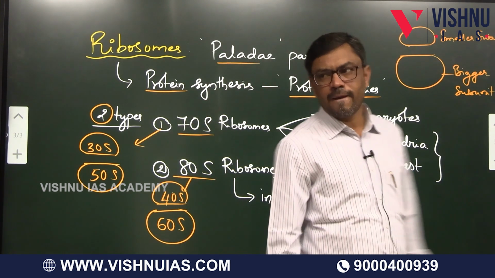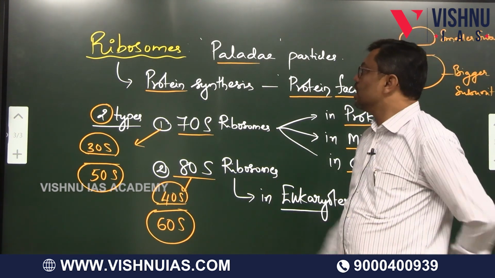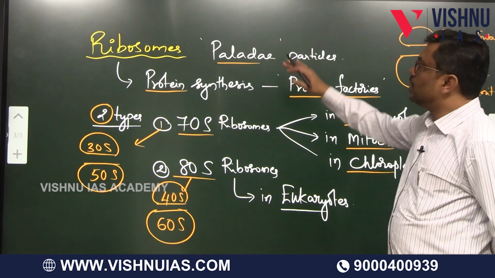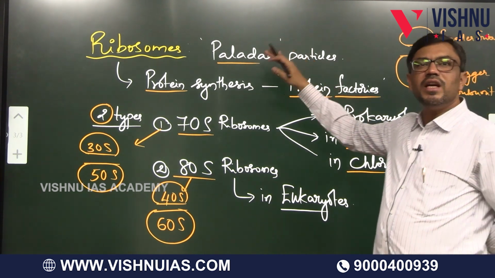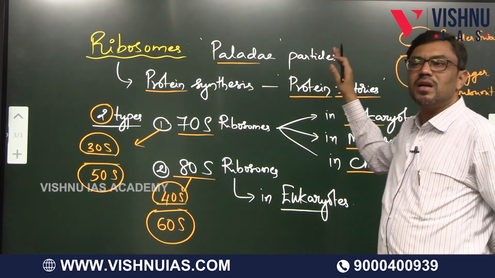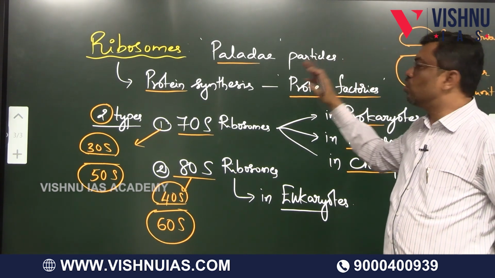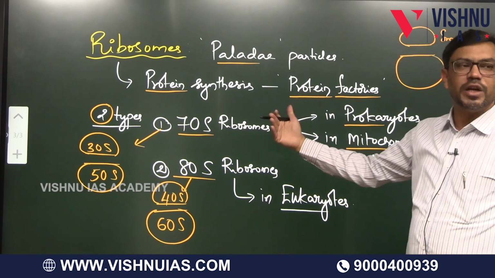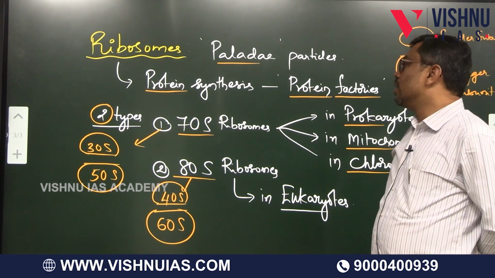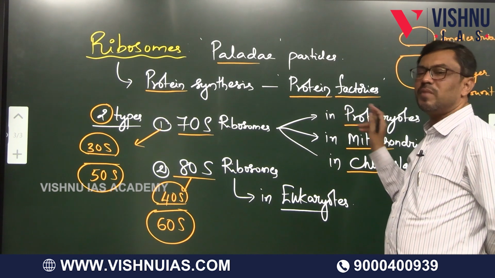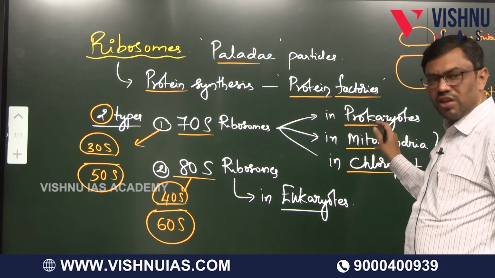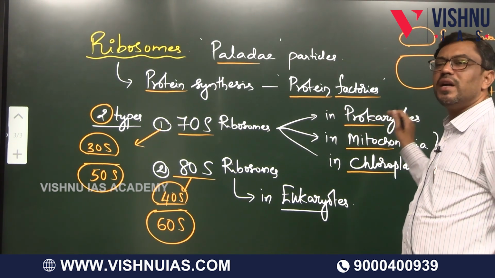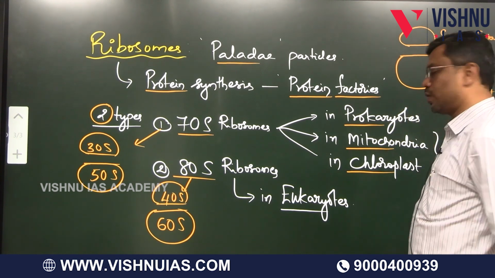This much is enough. So, I will revise once. Ribosomes are called Pallade particles. They mainly involve in the protein synthesis process, so they are called protein factories. There are two types of ribosomes, 70S and 80S. S represents the unit, Swedberg unit. The 70S type of ribosomes are present in prokaryotic organisms, that is in the bacteria, mitochondria and chloroplast of the eukaryotes.